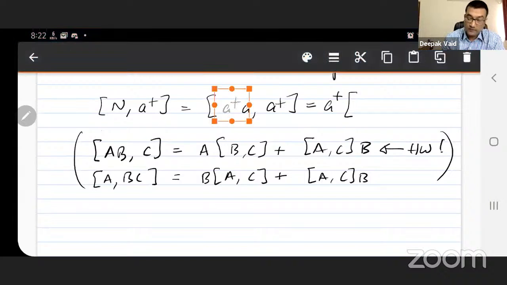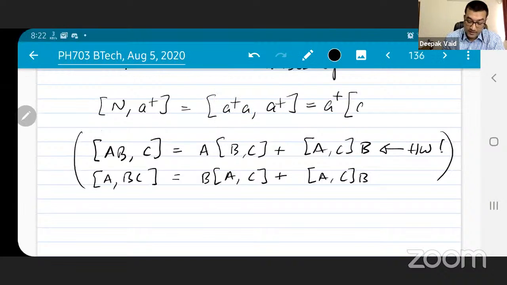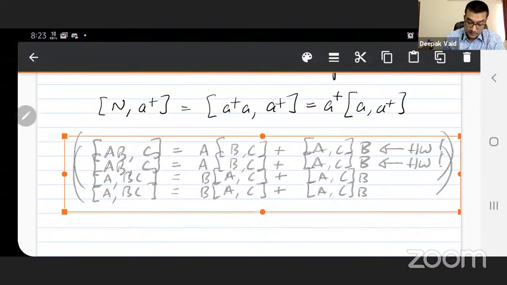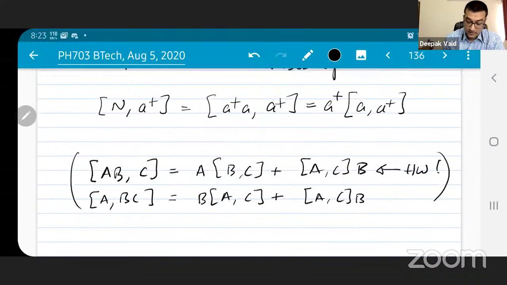So here your term on the left is a dagger, so I get a dagger times this commutator of a and a. And for the second term, the term on the right comes out and goes on the right, so I get the commutator of a and a dagger, times a.